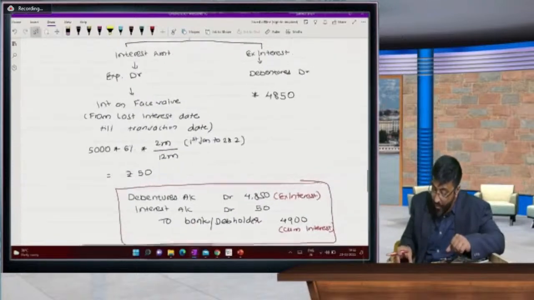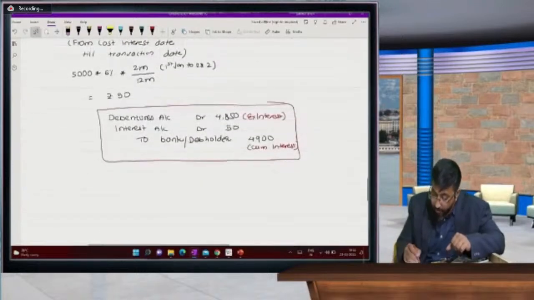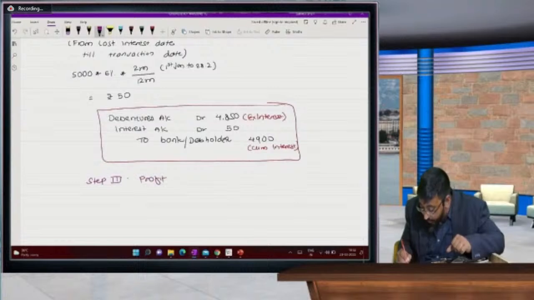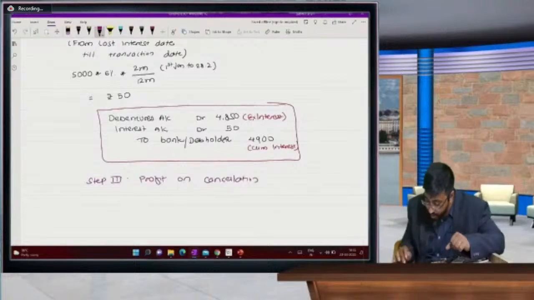And now step number 3, beta, step number 3. Profit or loss on cancellation.